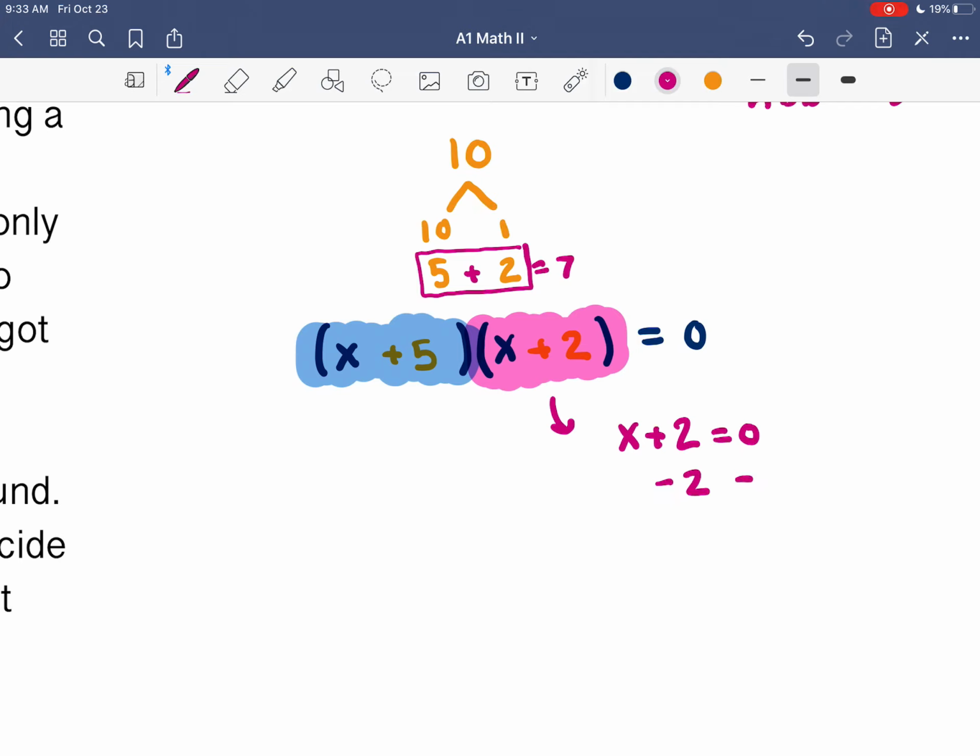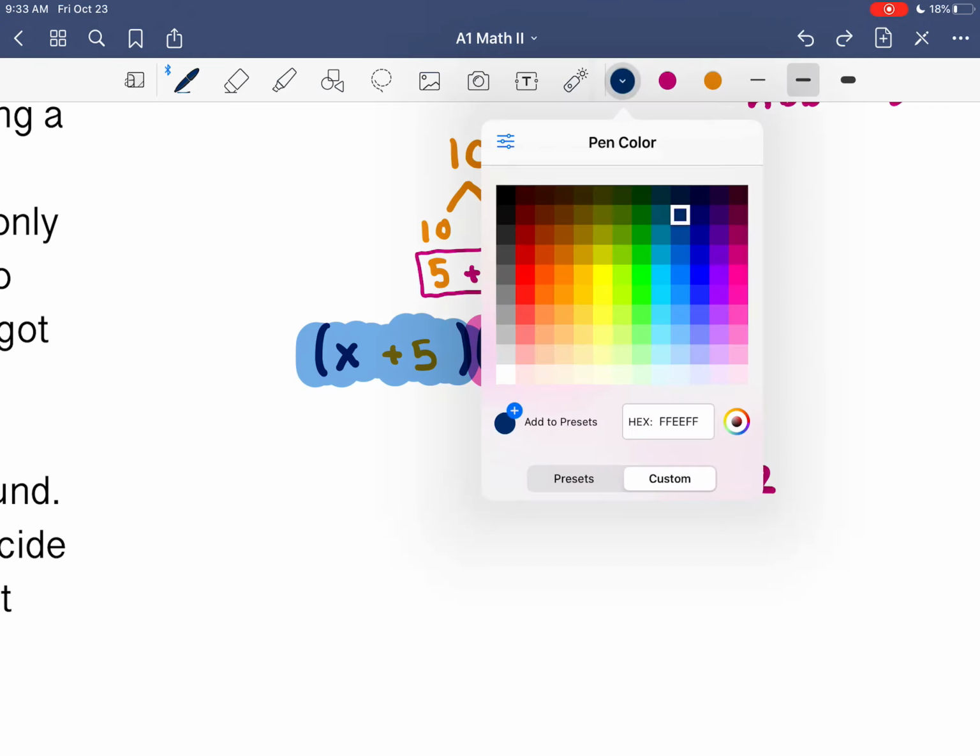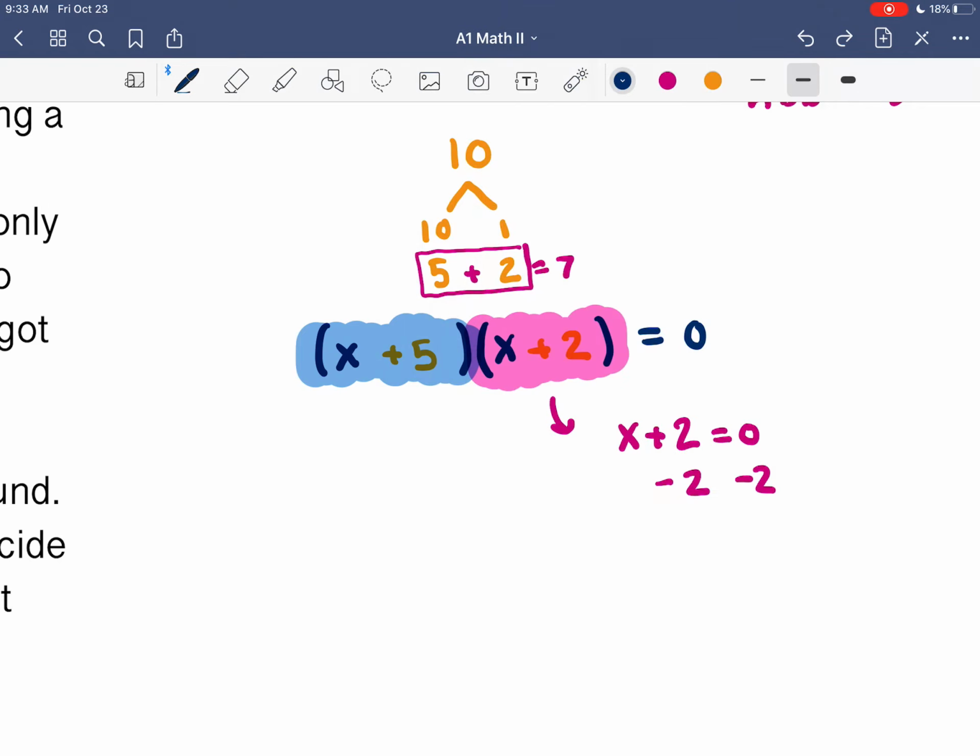Because remember, to make those two multiplied things equal 0, one of them has to be 0. So we have two possible values of x that will solve this equation. One of them is going to make this 0, and the other one is going to make this 0. So we're finding those two numbers by solving little mini equations of both of these things set equal to 0.